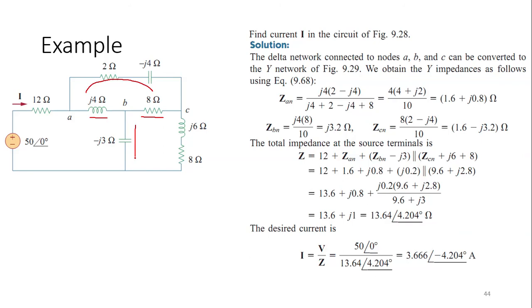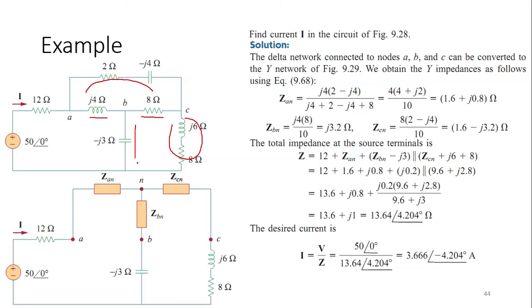So there can be different possibilities. Students can practice this example on their own for different possible combinations. We can also see a delta here, this combination of these two and this one.